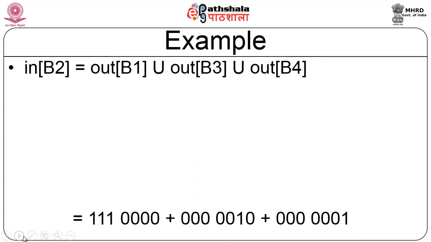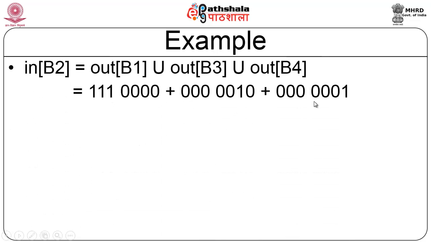So, therefore, here I have those as my inputs. ORing of this will result in 111 because I have a 111 in the first 3, then the D4 bit is 0 in all, D5 is also 0 in all, D6 and D7 are set to 1 in these 2 respectively. Therefore, in of B2 is 1110011.